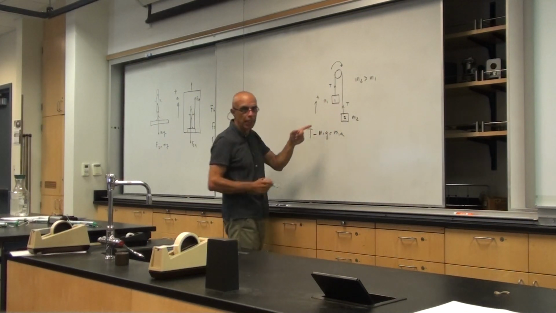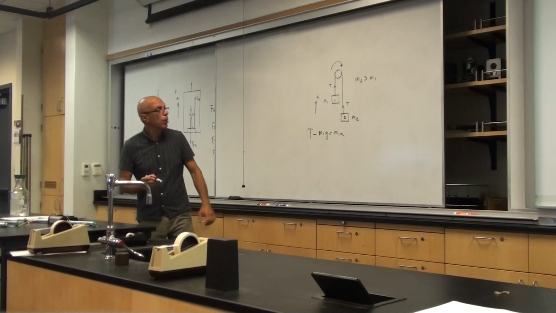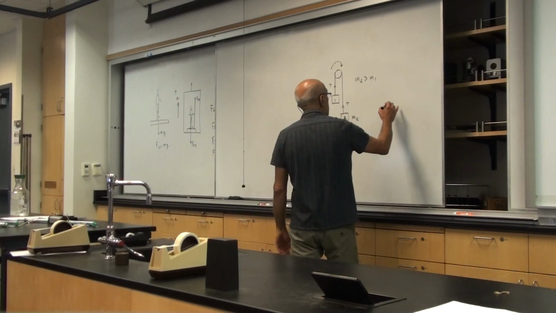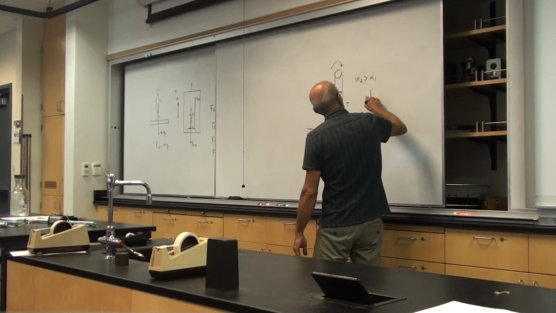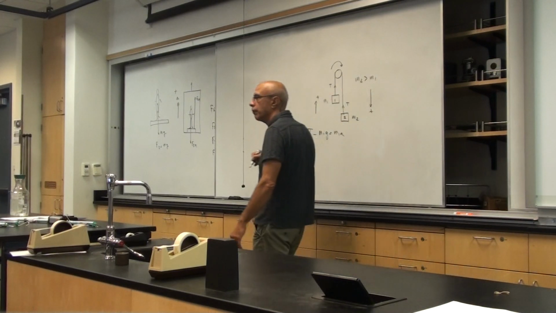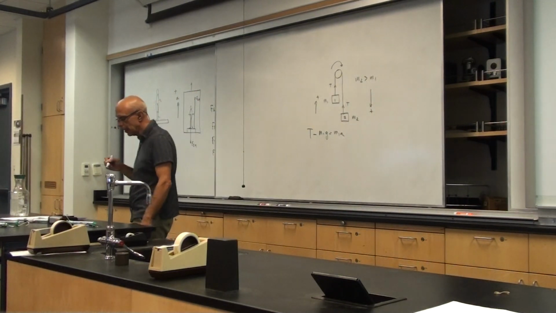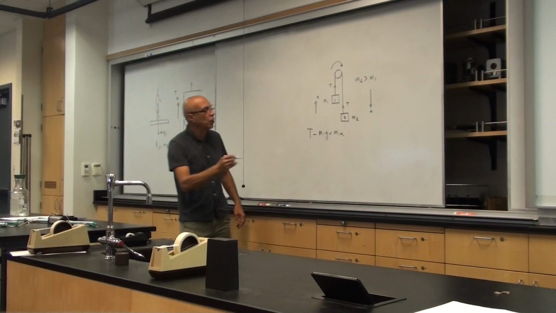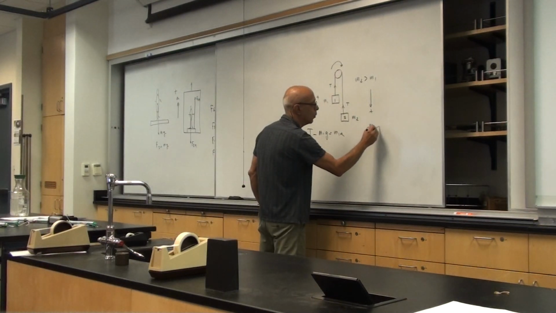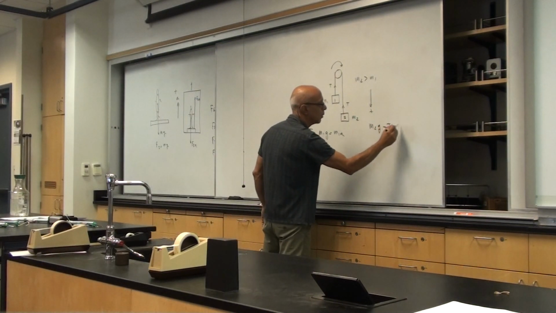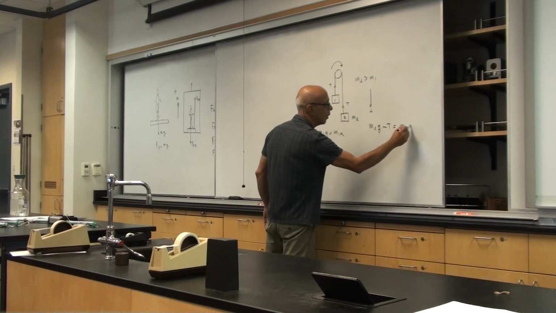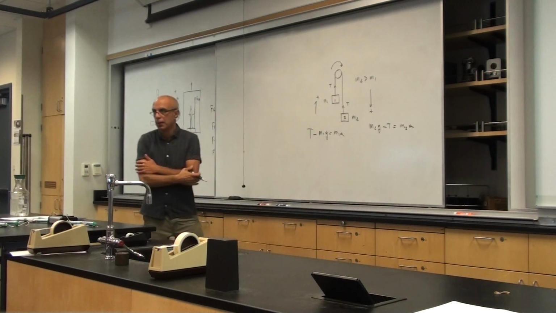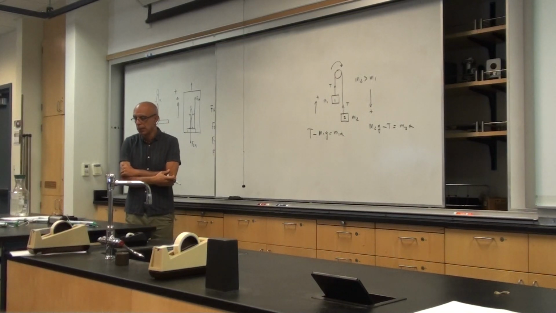Now let's look at mass 2. And when we look at mass 2, let's say the positive is going down. So if it's going down, m2g minus T is going to be equal to m2a. Okay?